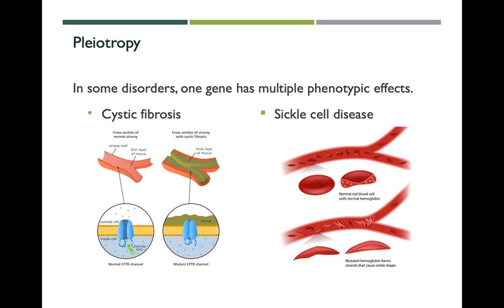Oftentimes, a genetic disorder or a genetic trait is encoded by a single gene that has multiple phenotypic effects. So we've been talking about genes that control one aspect of the phenotype. So flower color or seed shape. And the phenotype is manifested in one particular area in that organism.